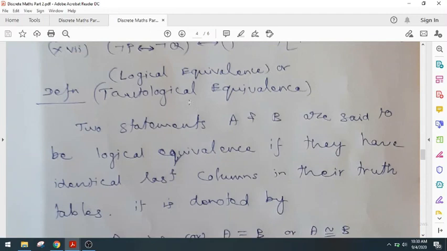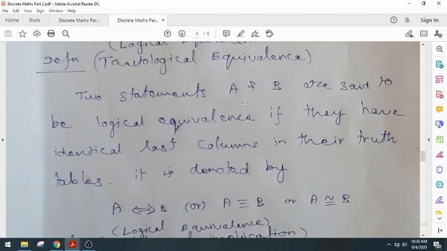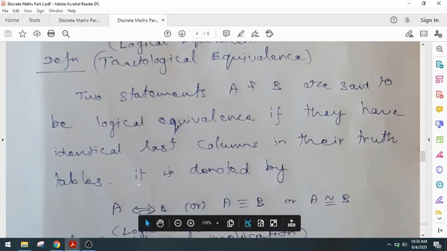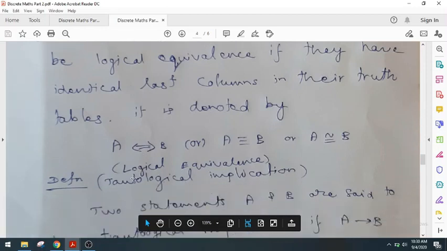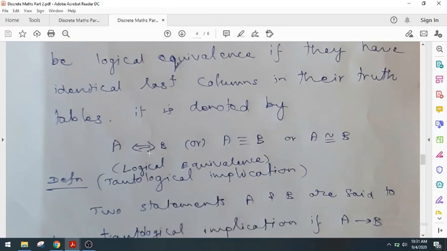Now we need to understand logical equivalence or tautological equivalence. Two statements A and B are said to be logically equivalent if they have identical last columns in their truth tables. It is denoted by A, that symbol, left implication as well as right implication together we use here.